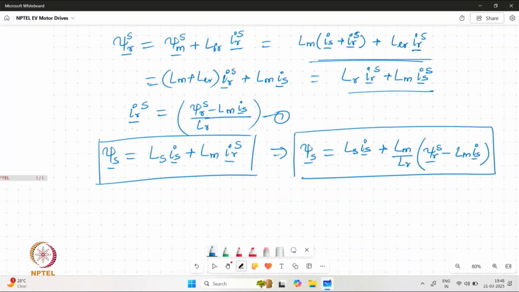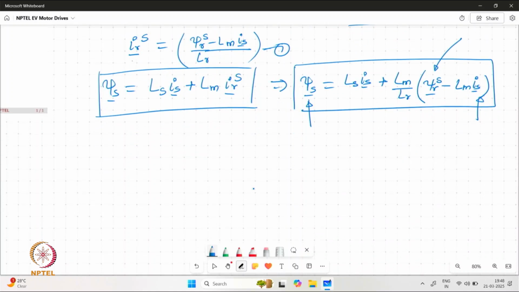Now this equation gives us the possibility to have an estimate of rotor flux in terms of stator flux and the measured current Is. So we can simplify it a little bit more.